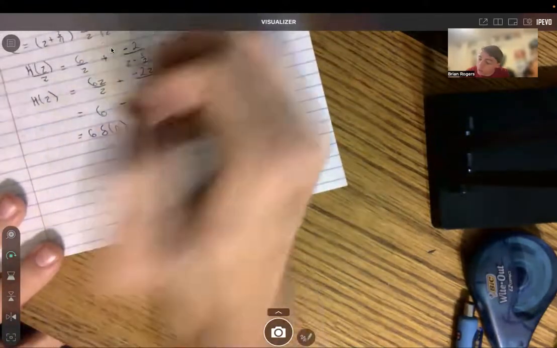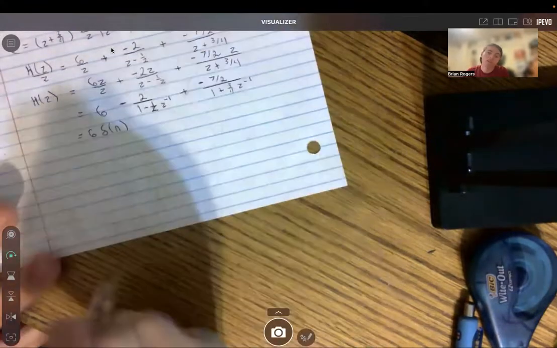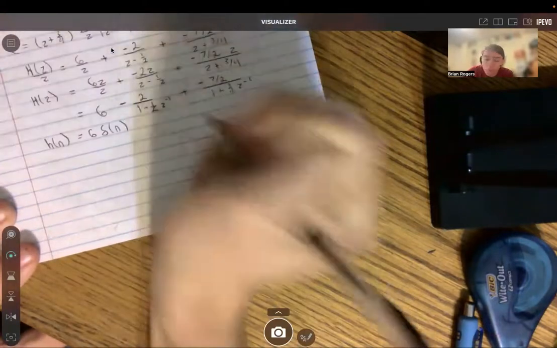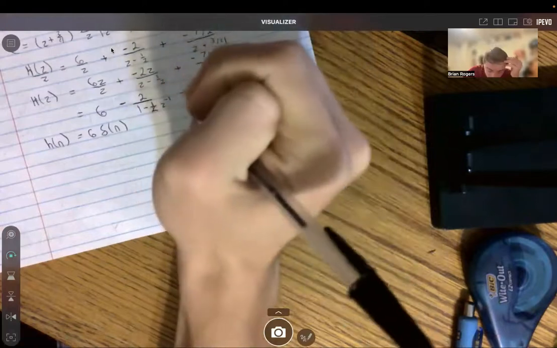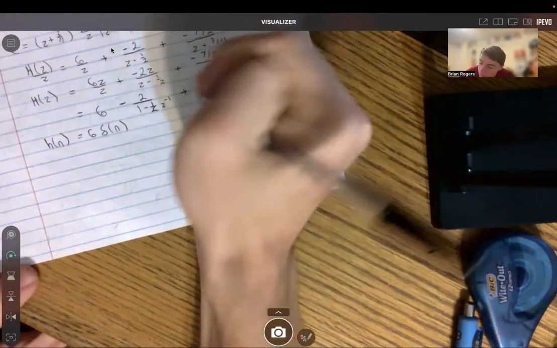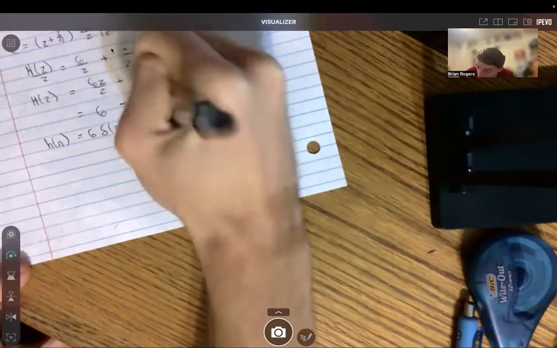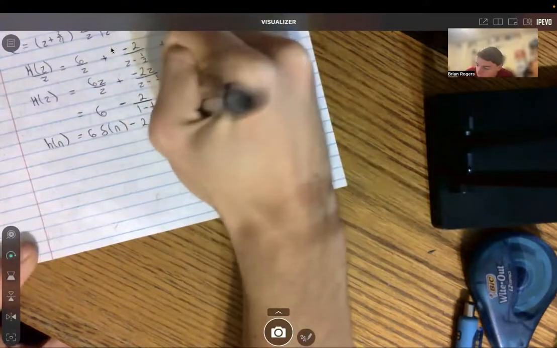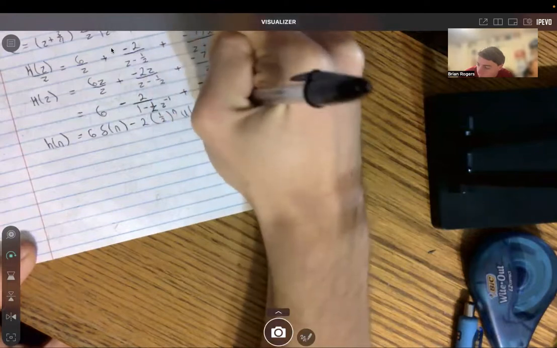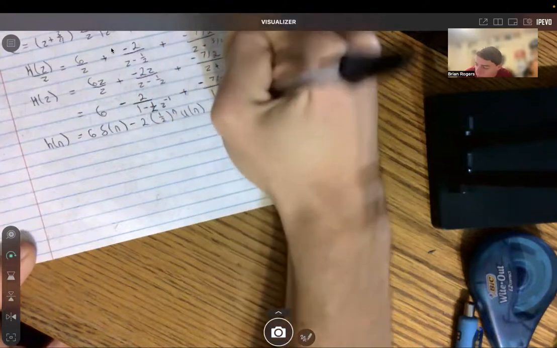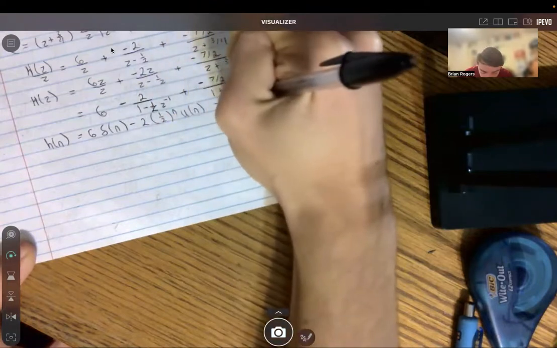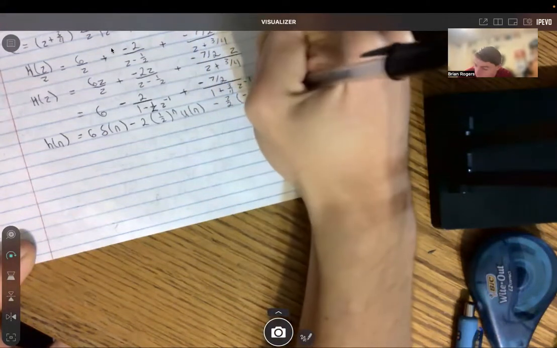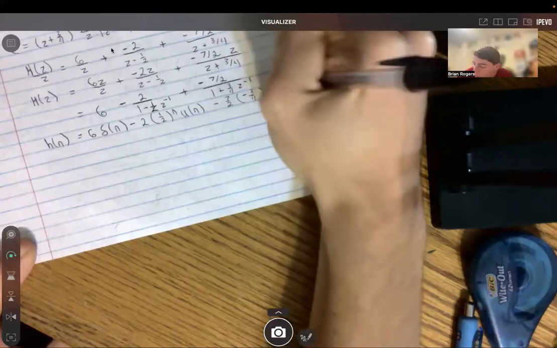So these will be treated as causal signals when we do the inverse z transform to get our h of n, our impulse response. So this would be -2, and then (1/2) to the n, u of n, and then minus 7/2, and then inside here, (-3/4) to the power of n, u of n.